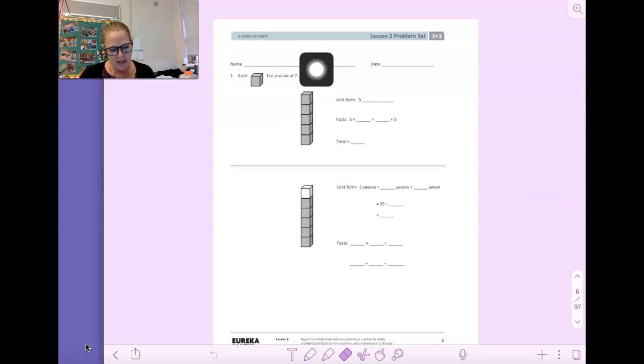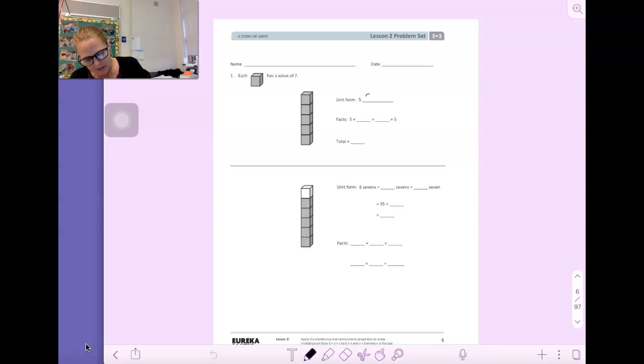Problem number 1 says each of the blocks has a value of 7. So each of these blocks right here is a value of 7. So our unit form is 5 sevens.